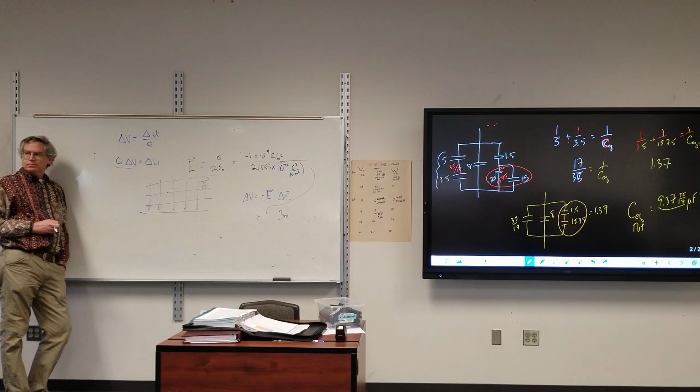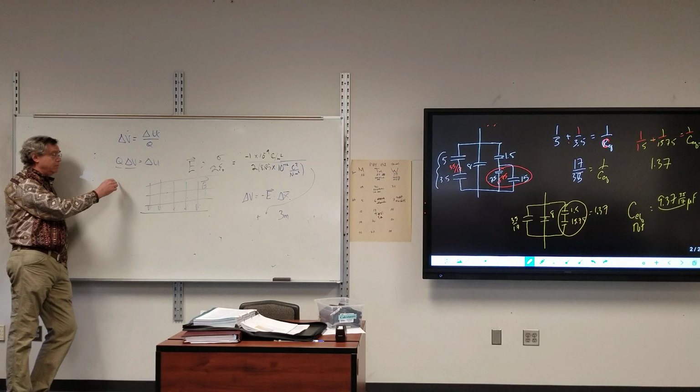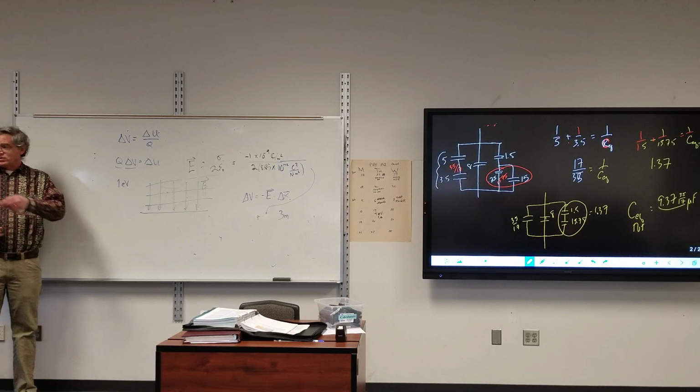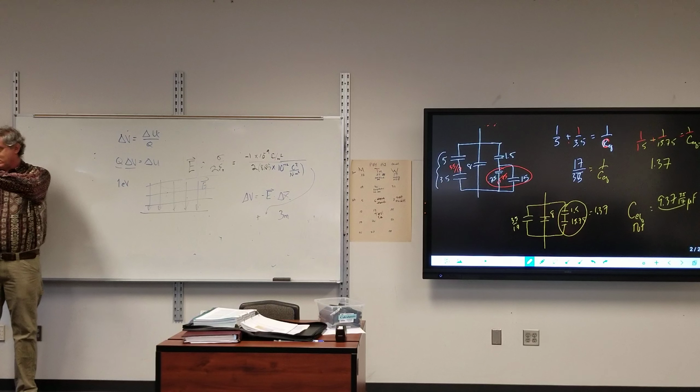So how would you go about doing that? If you wanted units of electron volts, then 1 electron volt is the amount of change in potential energy to take an electron, or something with that charge, through 1 volt.